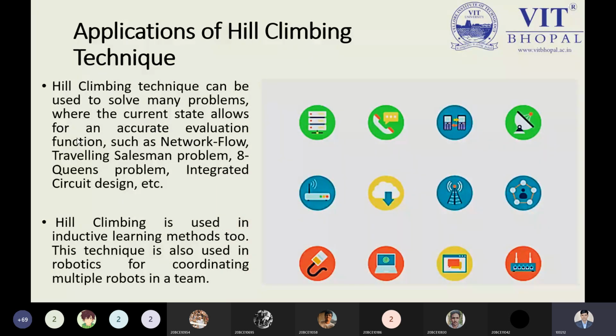One is robotics. In robotics, hill climbing is mostly used to help the system work as a team and maintain coordination. And marketing is the best example, covering team management and various marketing domains where hill climbing can be used to find the optimal solution.